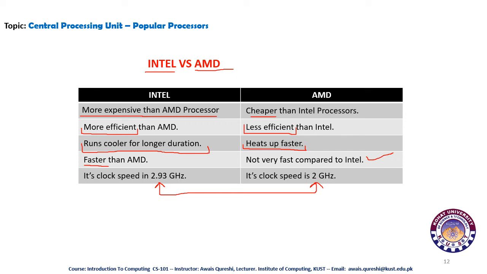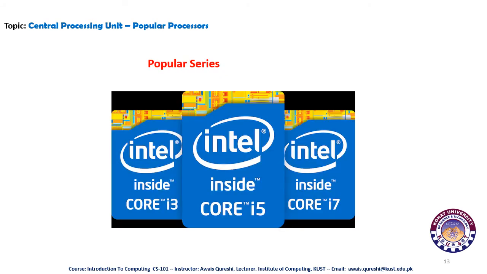Intel uses Core i3, Core i5, Core i7, and Core i9, and AMD uses different naming conventions in its processors. The popular series of Intel are Core i3, Core i5, and Core i7. So these processors get a little bit more expensive as you go in the upward direction, from Core i3 to Core i5 and from Core i5 to Core i7.